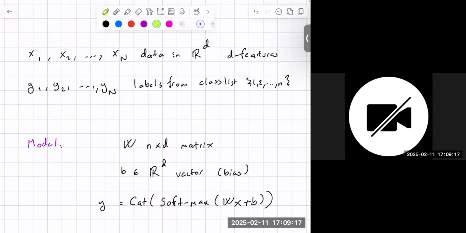Okay, and what's the model? The model is called linear because it goes like this. It takes your features of your vector, multiplies it with a matrix. It's like a linear thing right now. And then you're allowed to add some bias. You're allowed to push them in some direction also, it's okay. Then on top of this linear thing, you put your softmax. As soon as you put your softmax, I'll remind you once again what is the definition of this.